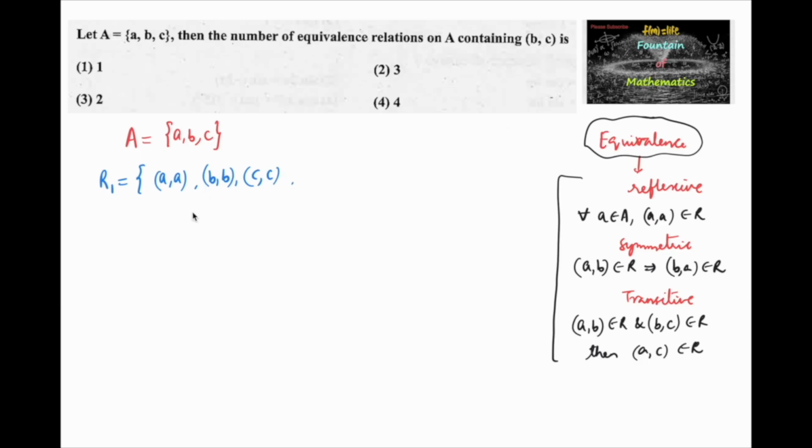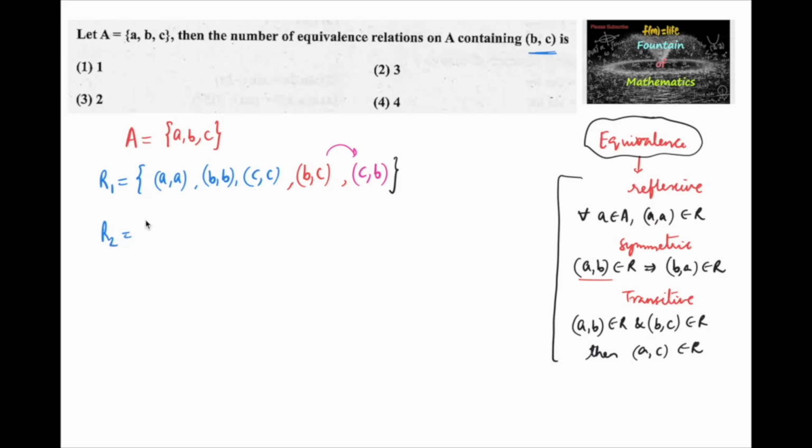And now along with that, B comma C is to be included, so I can write B comma C. And now to make the symmetric condition satisfied, if B comma C belongs to R, then C comma B must belong to R. So I must write C comma B. So we can write this is one of the possible equivalence relations. It is also transitive. And let us try another one.